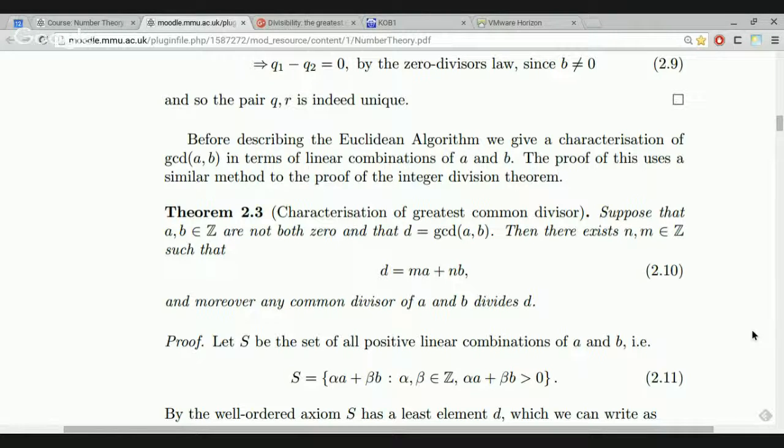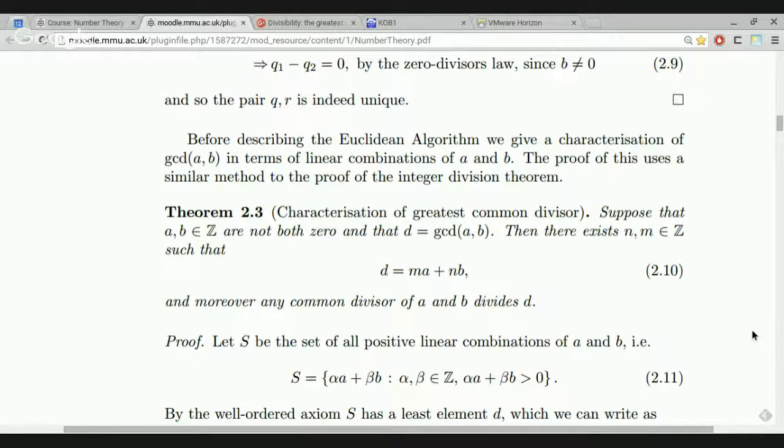But once you know that the greatest common divisor can be written like this, you then automatically know that any other common divisor of a and b, so something that divides a and something that divides b, must divide d as well, because you've been able to write d as a linear combination of a and b.